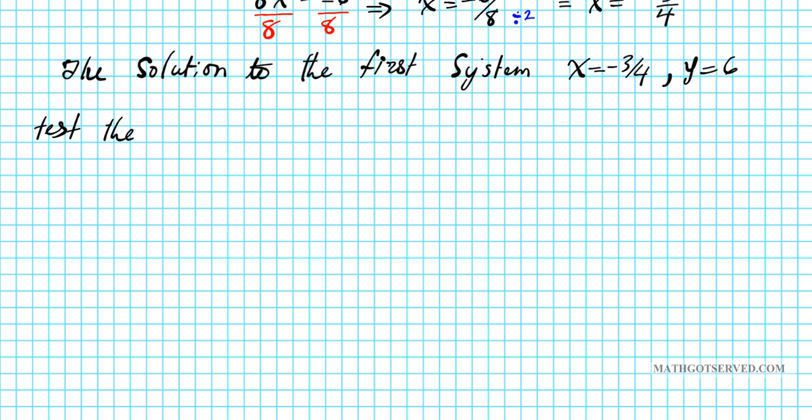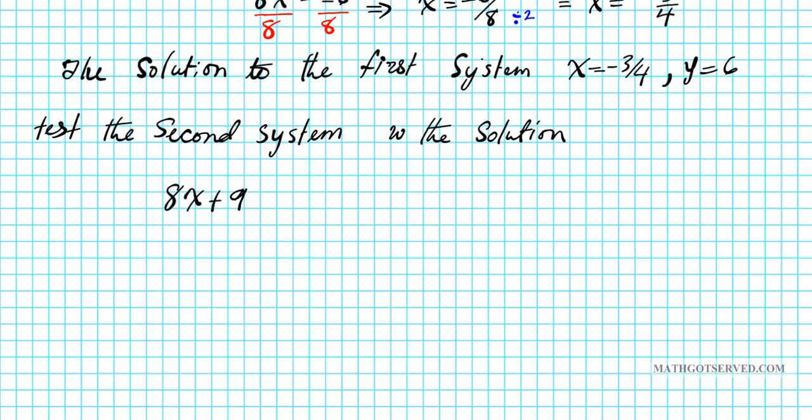Now for the second system we have 8x plus 9y equals 48 and negative 8.5y equals negative 51.